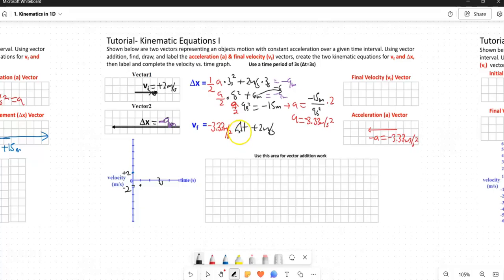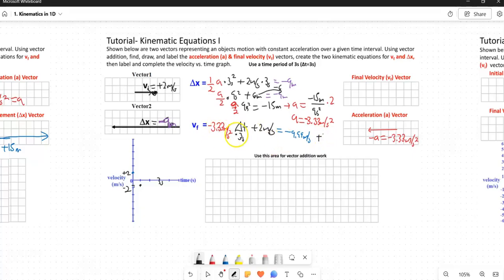So we multiply this guy by 3, right? By 3 seconds, whatever that is. That's 3 seconds. So that'll be -9.99 plus 2. And so -9.99 meters per second plus 2.